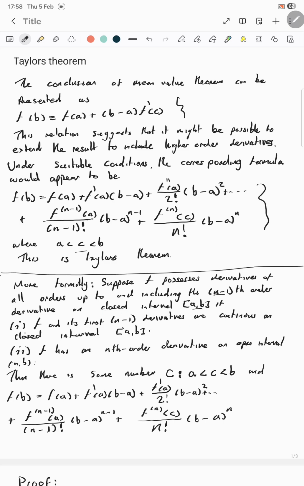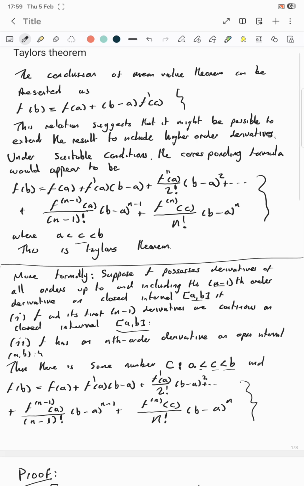If f and its first n-1 derivatives are continuous on the closed interval a, b, and f has an nth order derivative on the open interval a, b, then there is some number c such that c is contained within b and a, and our equation is given here.